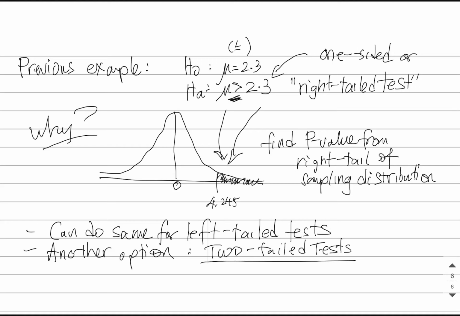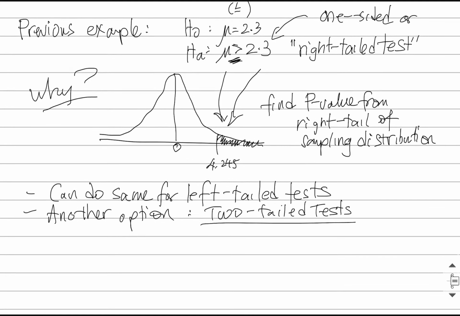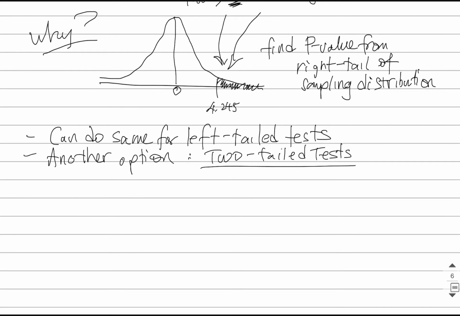Now, you can do the same thing for a left-tailed test. So if your alternative hypothesis points in the other direction, you've got sort of insider knowledge and more certainty about which way you should be checking or biasing your results in some way. Now, there is a final option, something called a two-tailed test. A two-tailed test is the most uncertain.